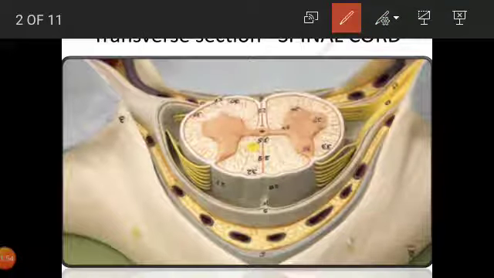If we are moving outward, the gray structure is the pia mater, which is the innermost meningeal layer. The hollow space is known as the subarachnoid space. The solid boundary is known as the arachnoid mater.